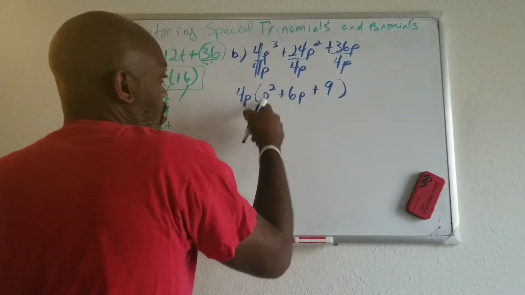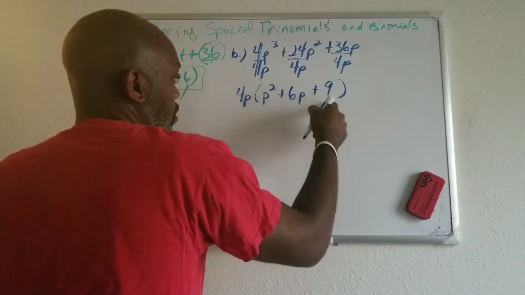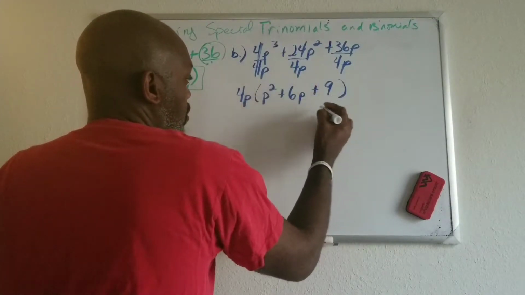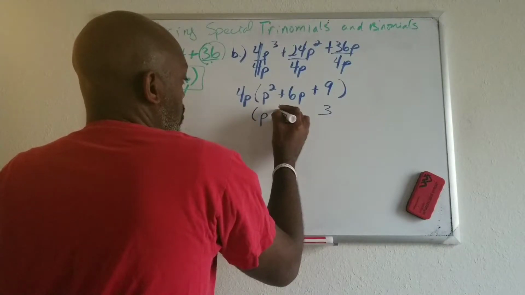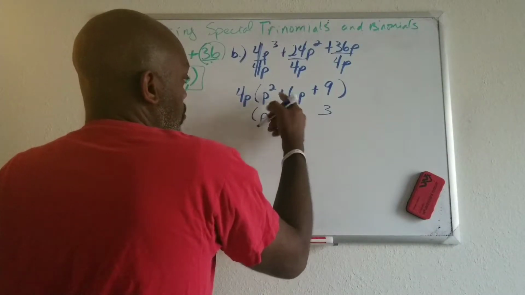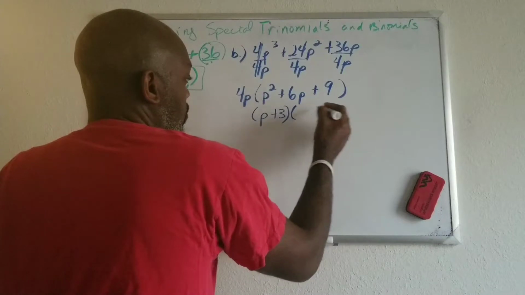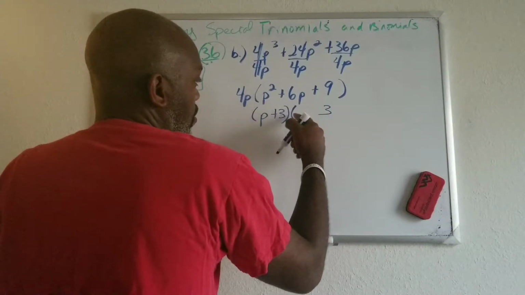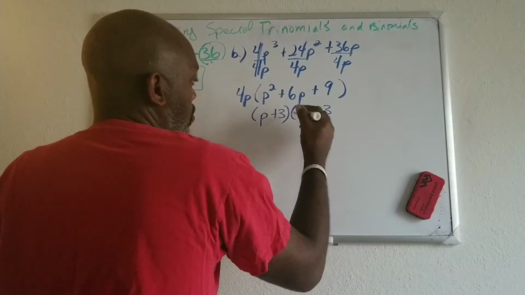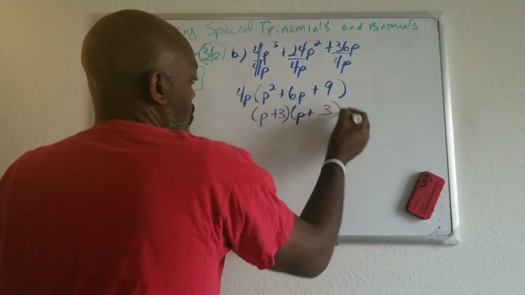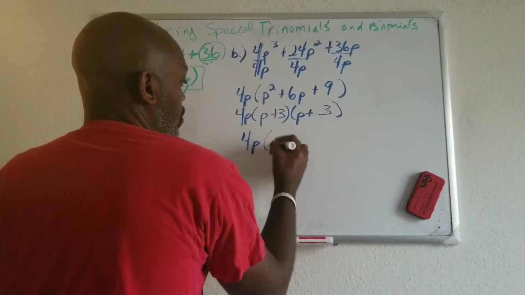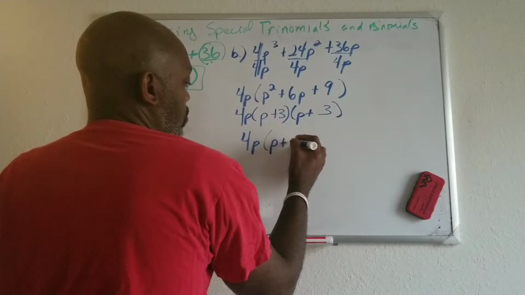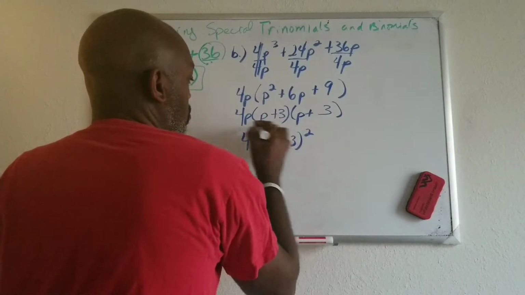And you can see that p is squared, and you take the square root of 9, it's 3. So p plus 3, and the middle term is a positive. So it's going to be p plus 3. And our final answer will be 4p times p plus 3 squared.